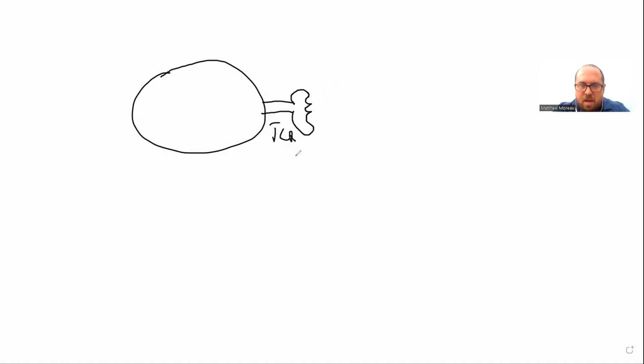And when it can bind an epitope bound to an MHC molecule, so we have an epitope here, we have the MHC molecule here, and this is bound to a dendritic cell.